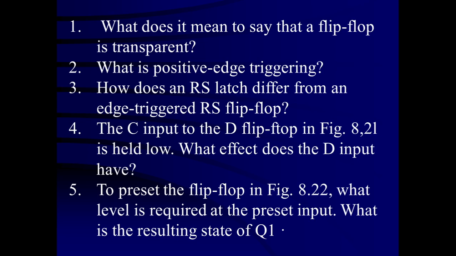What effect does the D input have? And the last question, to preset the flip-flop in figure 8.22, what level is required at the preset input, and what is the resulting state of the output Q1? So these are the questions you have to understand and answer, because I'm not answering them myself, as I want to check whether you understand these things or not.